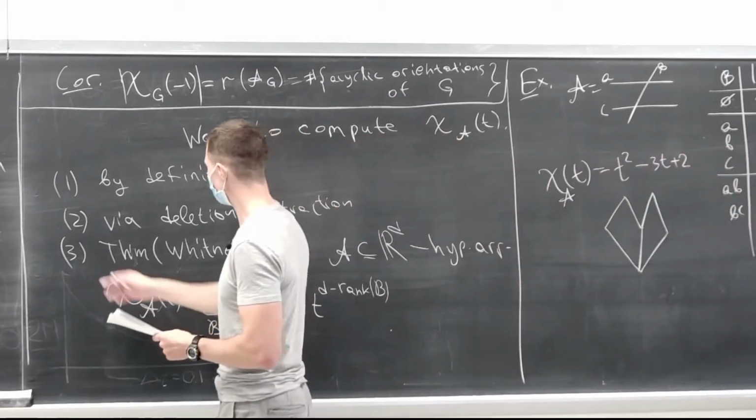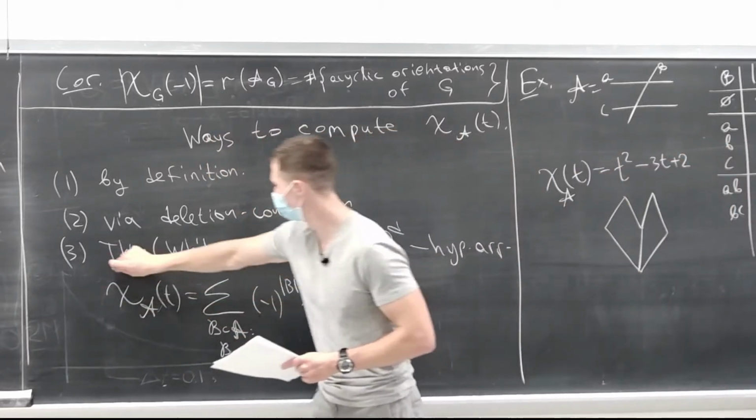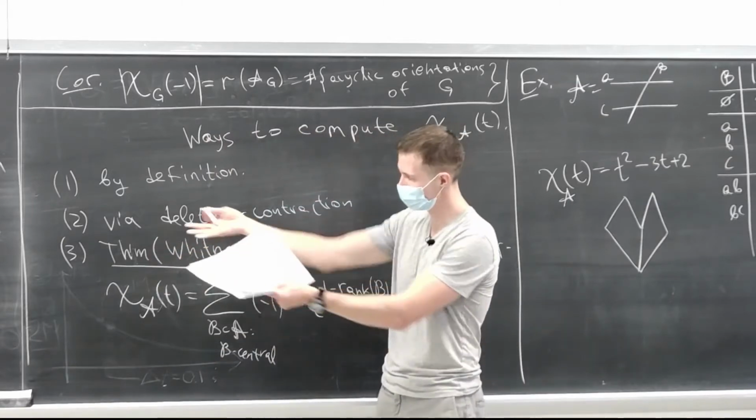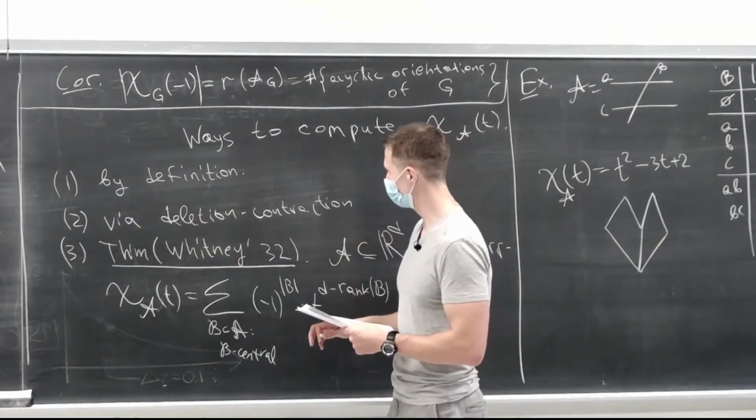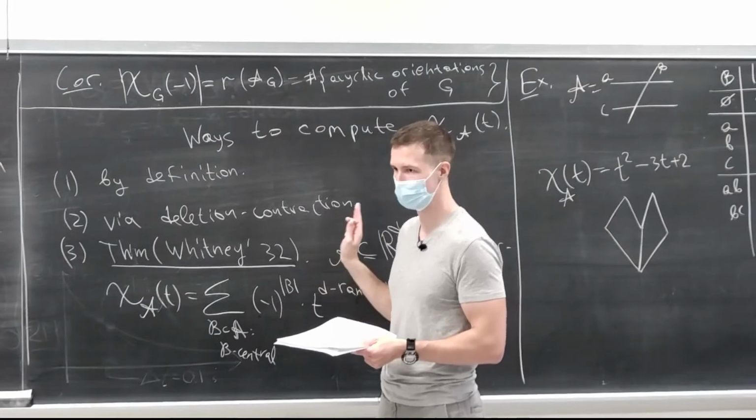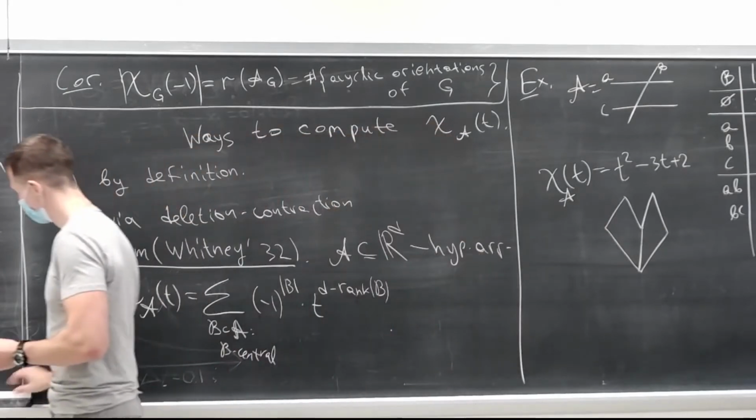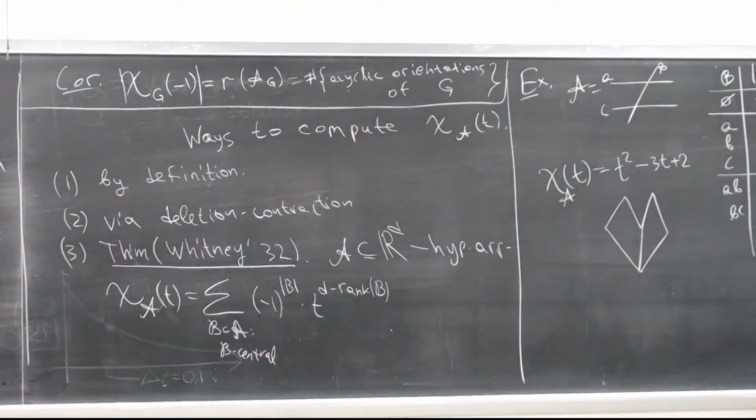All right, so Whitney's theorem is, I guess, nice. It's non-trivial to prove, but in my experience it's not as useful as the next thing I'm going to say. So you should feel free to use that theorem.